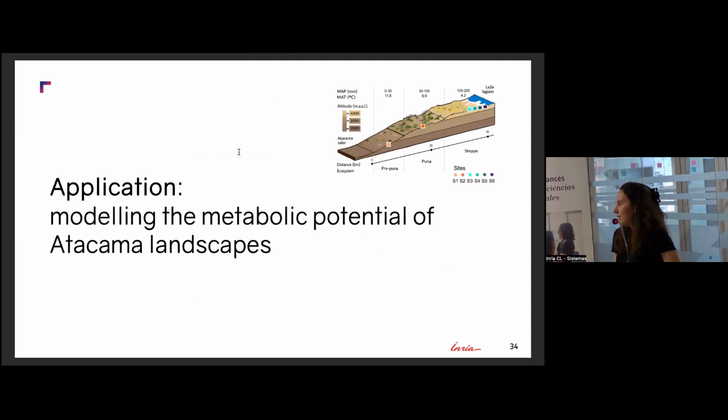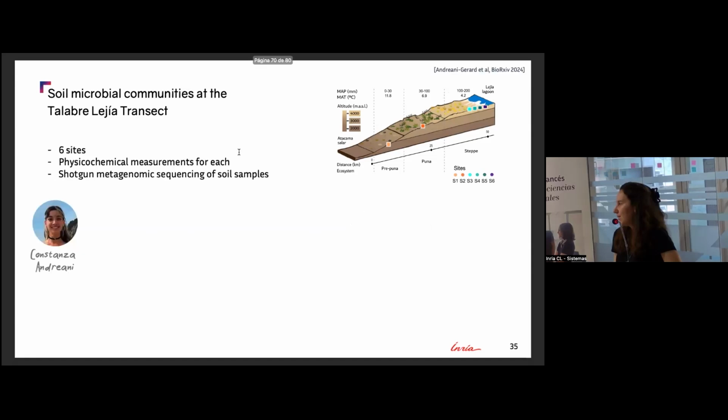And we work with the team of Alejandro Mas in the CMM in Universidad de Chile, and we are also associated to Inria Chile here. So in this project, we studied soil microbial communities in the Talabre-Leia transect in the Atacama. We had samples at 6 sites with physicochemical measurements for each, and we had shotgun metagenomic data for each sample. So this is the work of Constanza Andreani, who is now doing a PhD in France.